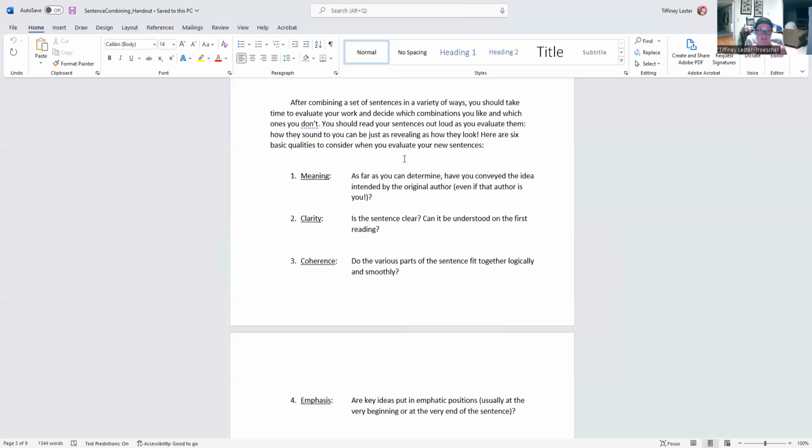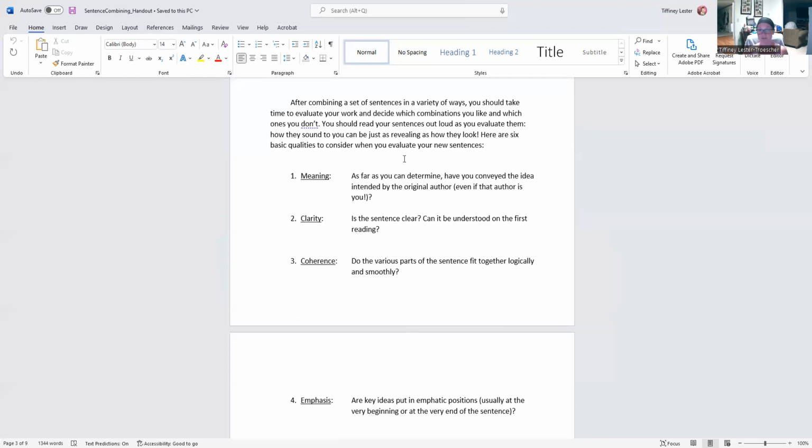What about emphasis? You want to make sure, again, that your reader understands the focal point of the sentence. And sometimes you'll put the focal point at the very beginning of the sentence, because people do often remember what they hear or see first. But a lot of the time, we're going to put the focal point at the end of the sentence, because psychology tells us that people definitely remember better what they read or hear last.